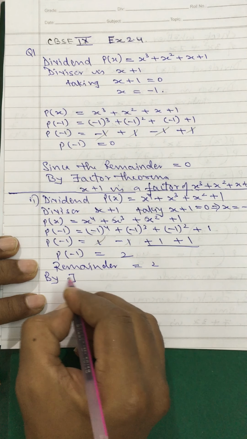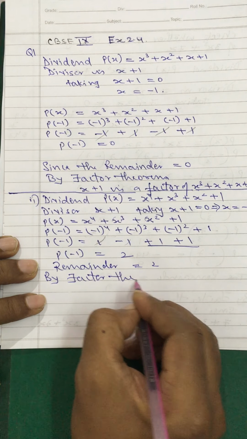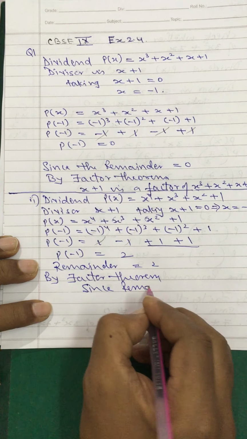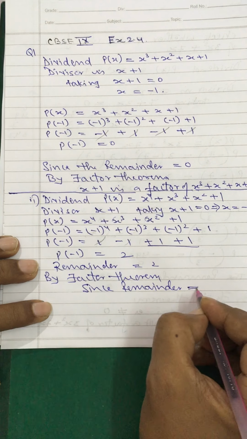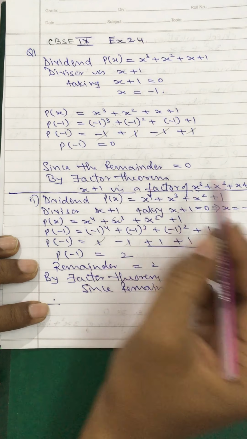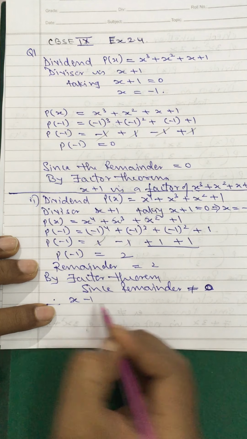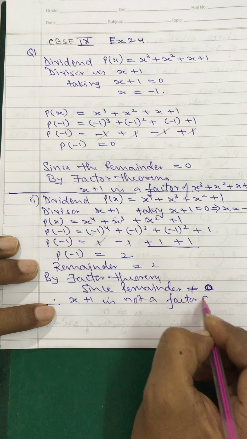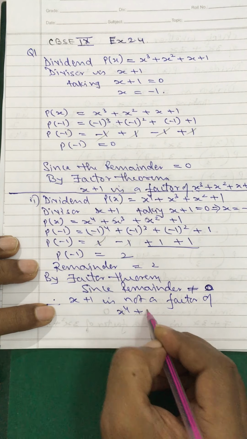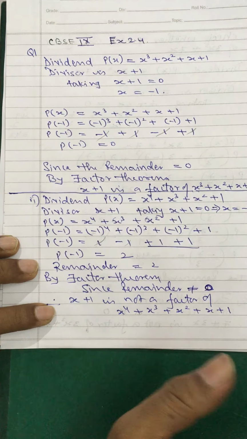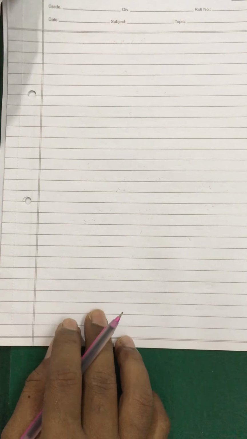By factor theorem, since remainder is not equal to 0, therefore x plus 1 is not a factor of x raised to the power of 4 plus x cube plus x square plus x plus 1. Okay, my dear students, that's the way you have to solve the rest of the questions also. This is the second one we have finished.